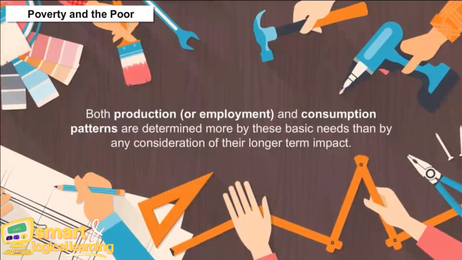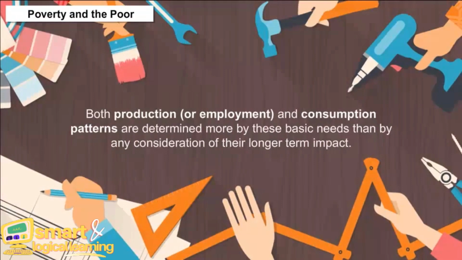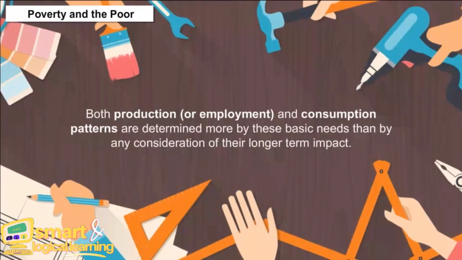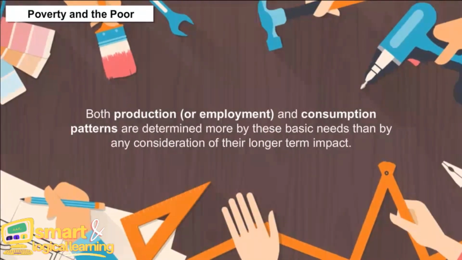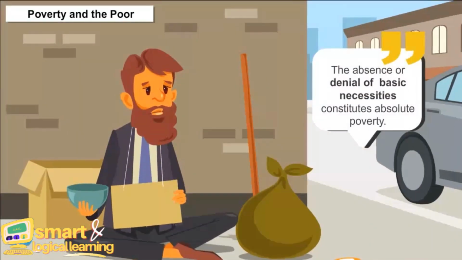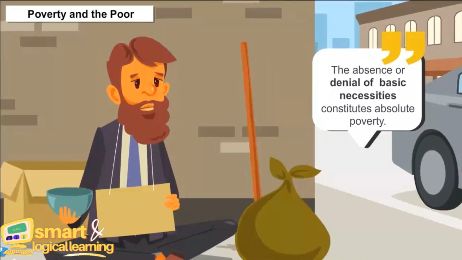Both production or employment and consumption patterns are determined more by these basic needs than by any consideration of their longer-term impact. The absence or denial of basic necessities constitutes absolute poverty.